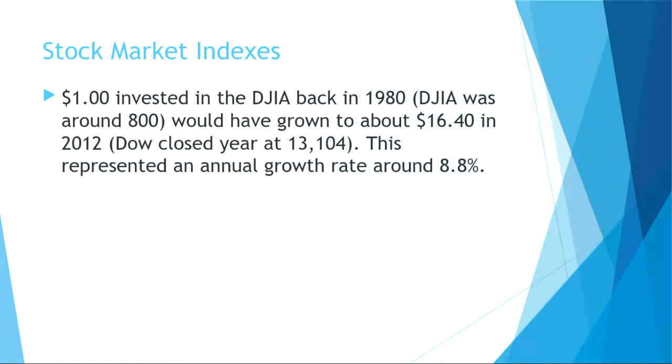Assume that you invest $1 in the 1980s, let's say 33 years ago. Based on this example, if you invest $1, your annual return should be 8.8%, right? How do we calculate this one? We assume that at the beginning of 1980 it's $1, right? By the end of 2012 we have 33 years, because 32 plus the beginning of 1980, 33 years, right?